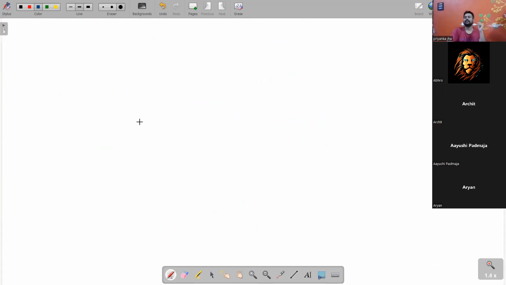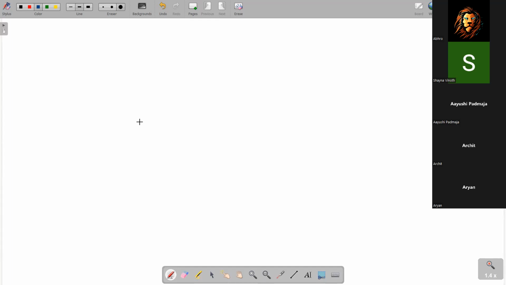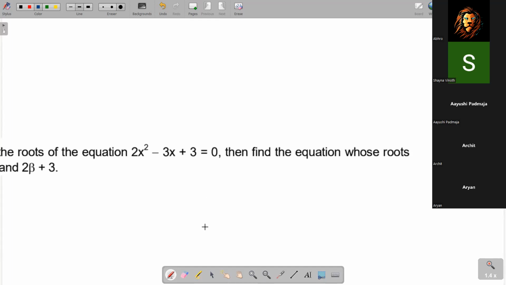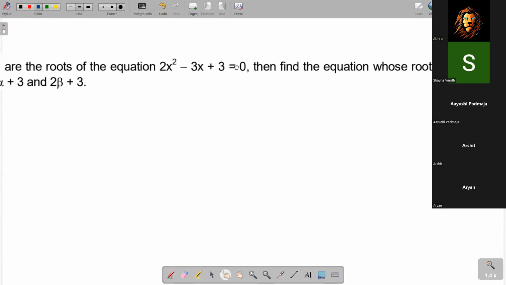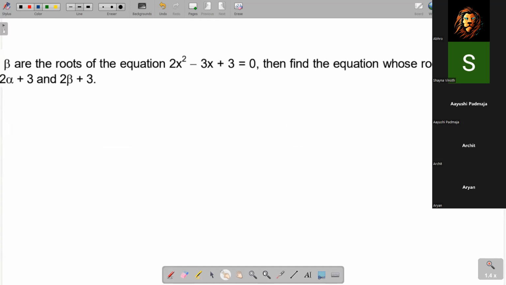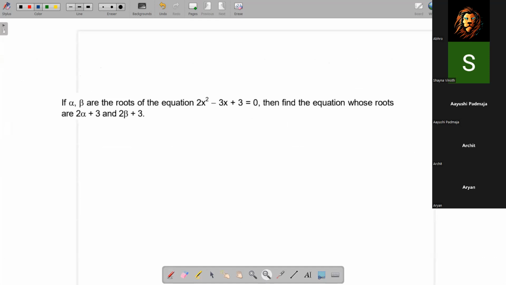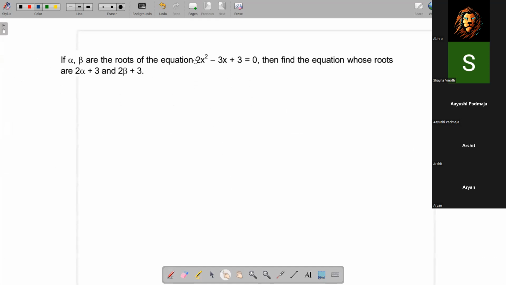So that is how we can form the equation. Let me give you one question. Do not use method number one, like sum of the roots, product of the roots. Do not use that. Do it like how I taught you. Solve this.